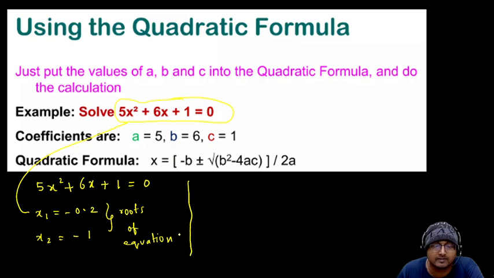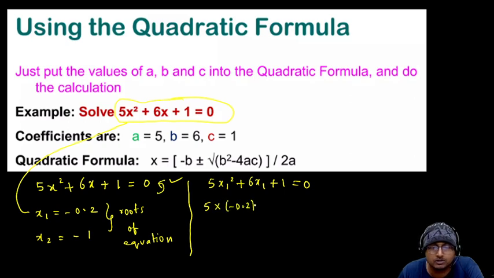I mean, it should satisfy this equation. We should get 0. So let us substitute x1: 5x1 square plus 6x1 plus 1 equal to 0, it should satisfy. Let us substitute the x1 value. So 5 into minus 0.2 whole square plus 6 into minus 0.2 plus 1 is equal to 0.